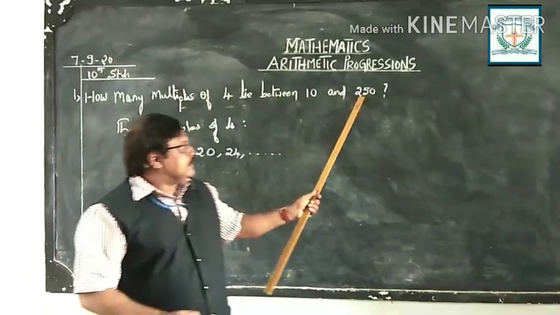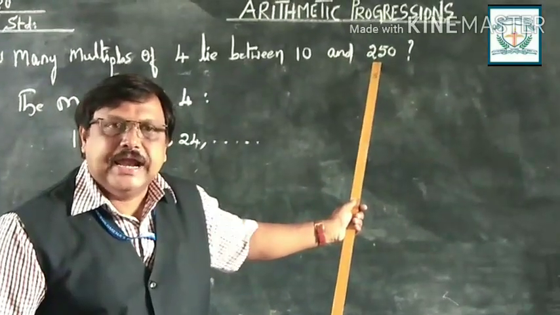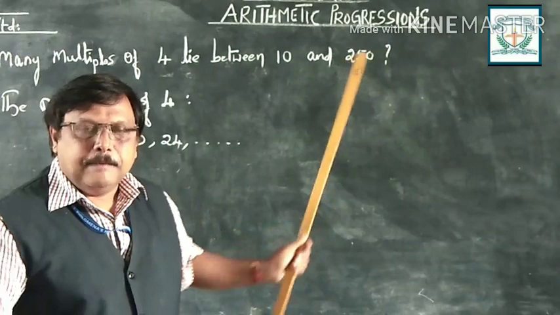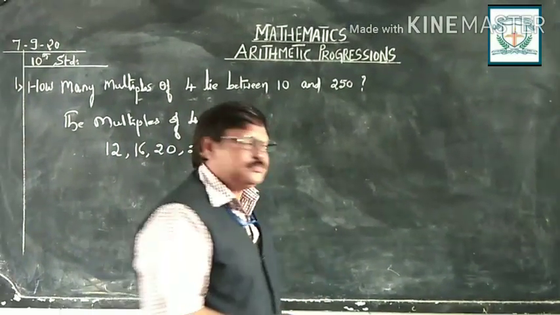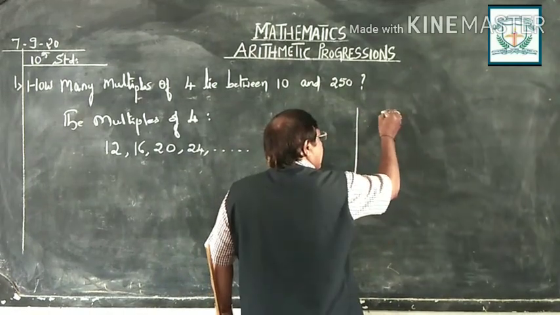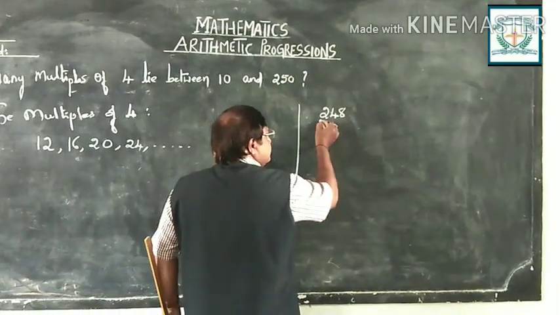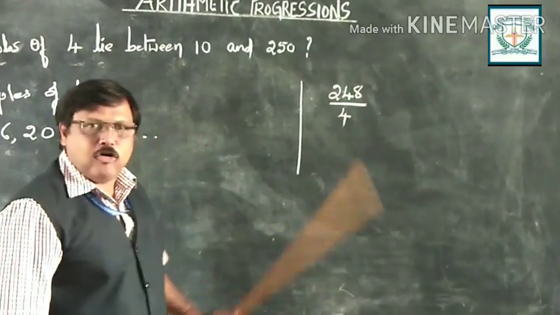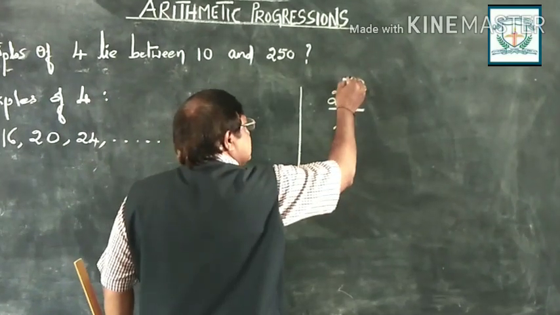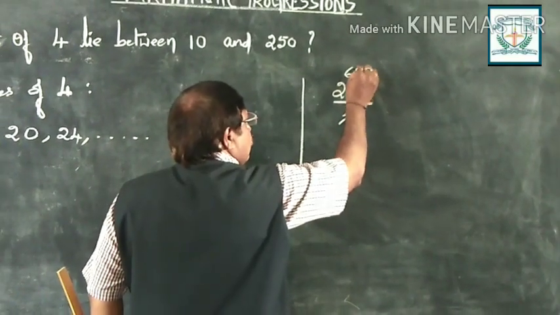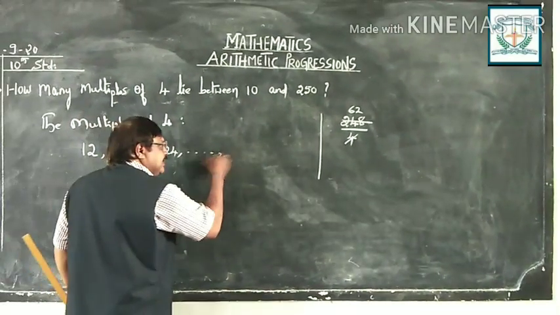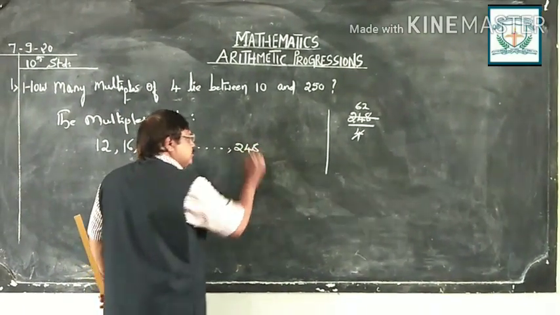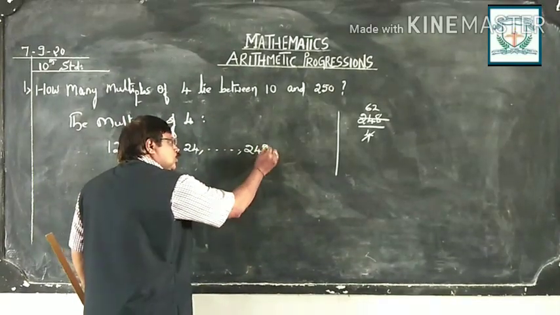See the last number, it is 250, but 250 is not a multiple of 4. I write 248 divided by 4. 4 sixes are 24, 4 twos are 8. Then the last number is 248.